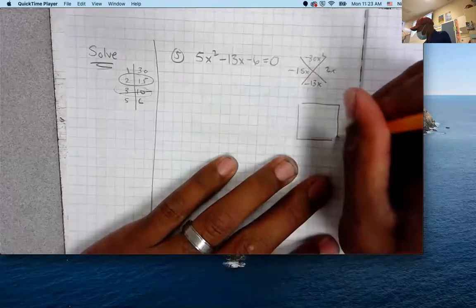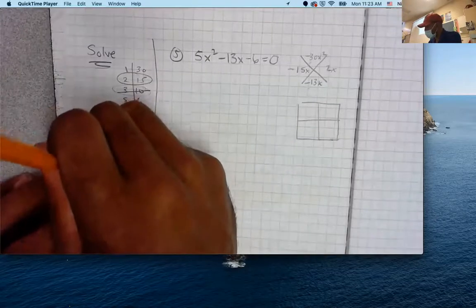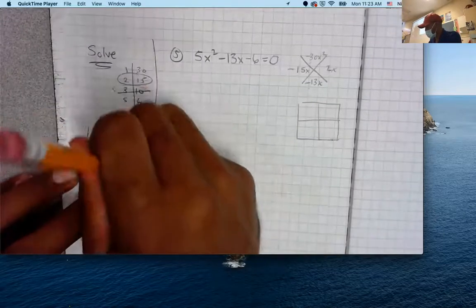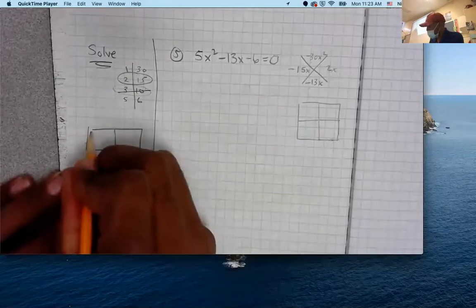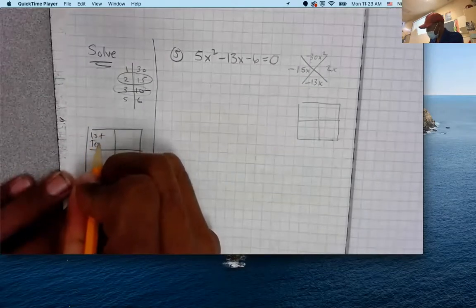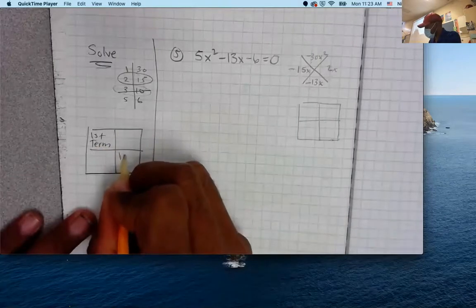All right, so now it's time for the box, and we found those two numbers. As a reminder for the box, put that over here. The top left number is always your first term. The bottom right is your last term.